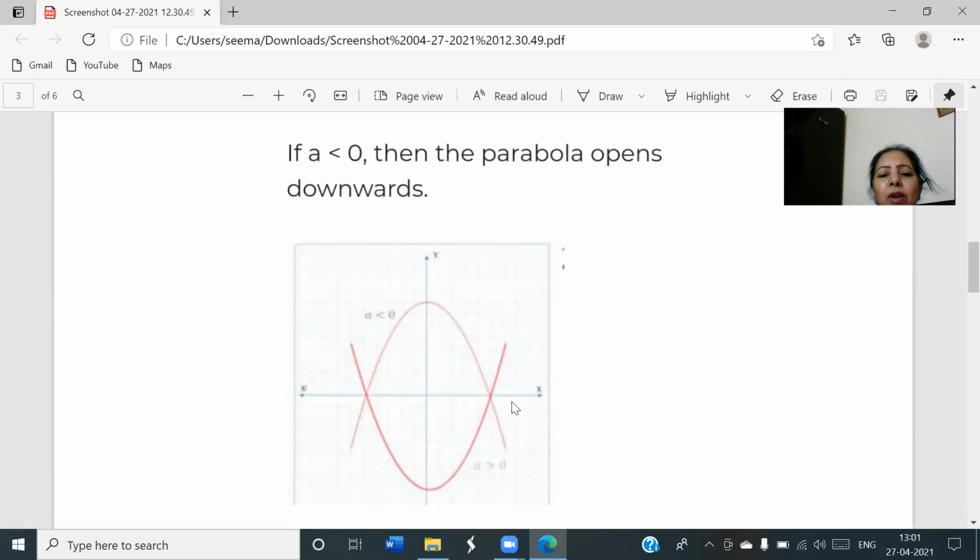But both parabolas intersect the x-axis at 2 points, one is here, the other is here. It means there are 2 zeros. These are graphs of a quadratic polynomial, meaning a quadratic polynomial has at most 2 zeros. You see the graph intersects the x-axis at 2 points.